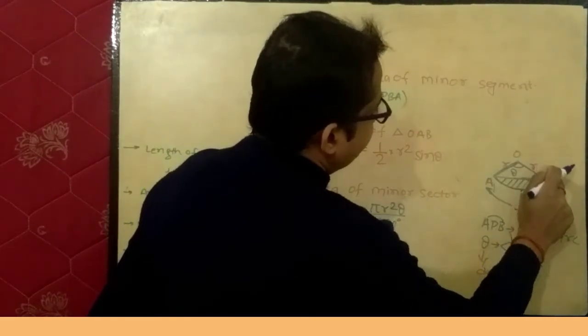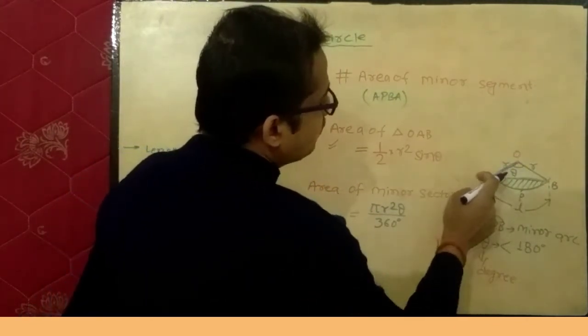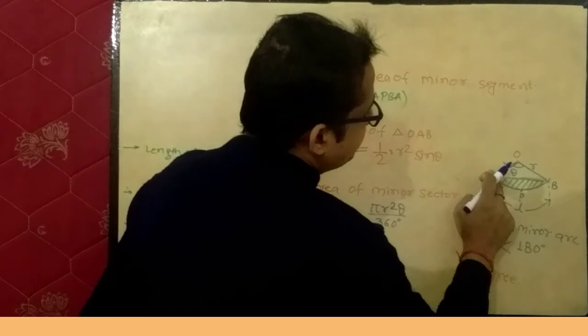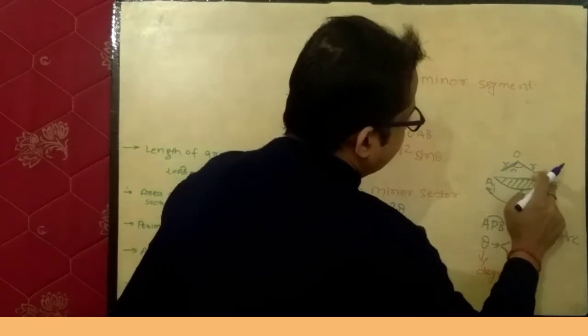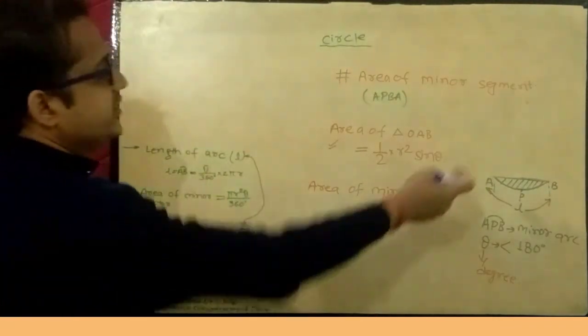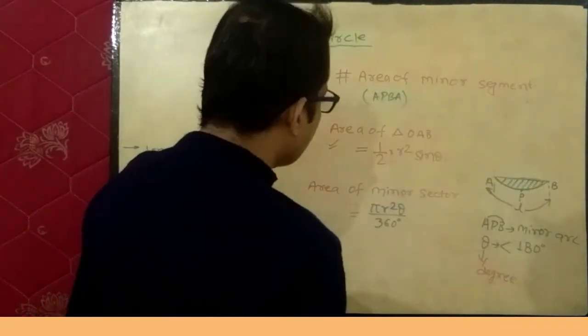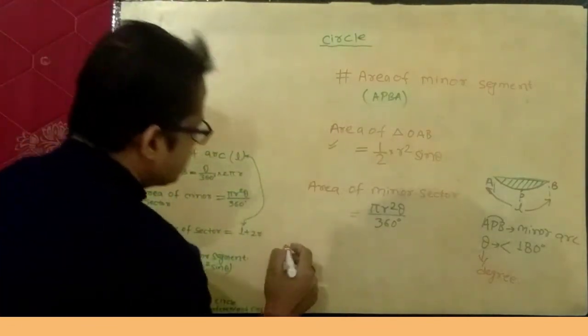See here, this is minor sector and this is triangle OAB. Then if you will subtract this triangle from this minor sector, then you will get remaining portion, and which is minor segment.